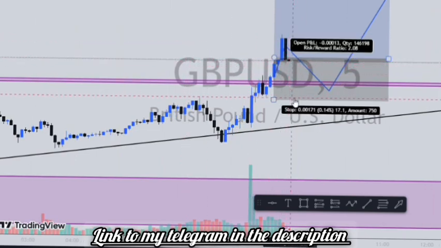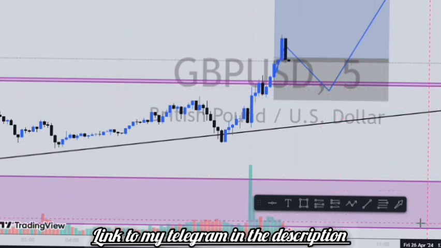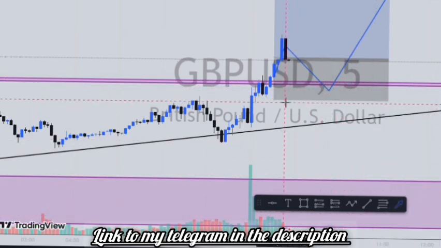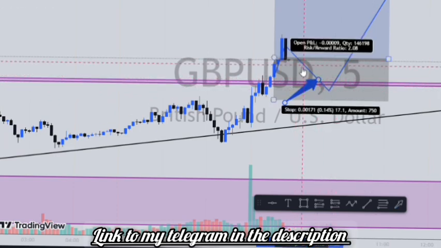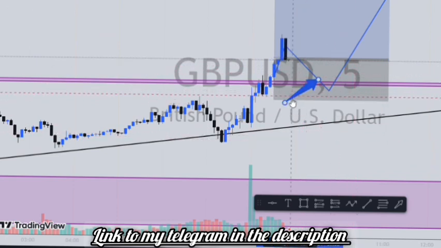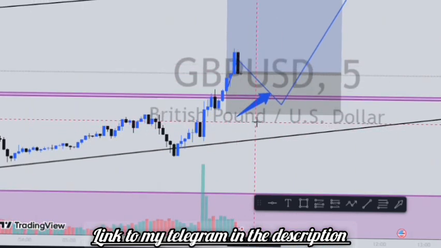You can't be fooled by this retracement that is a sell. This trade is just retracing up to this point, this zone, and after that it will go up. So you can capitalize on this trade.